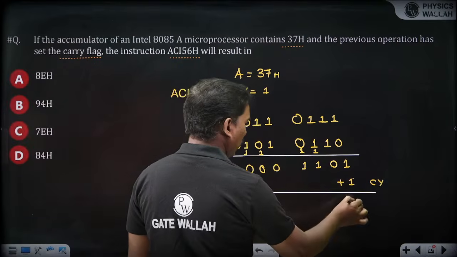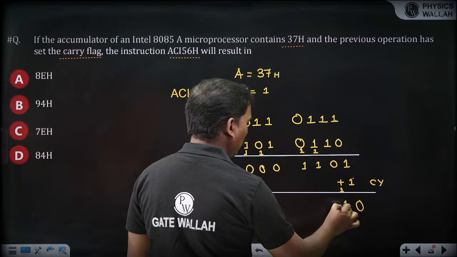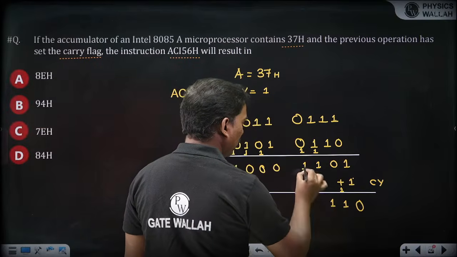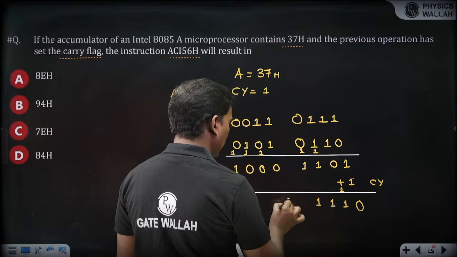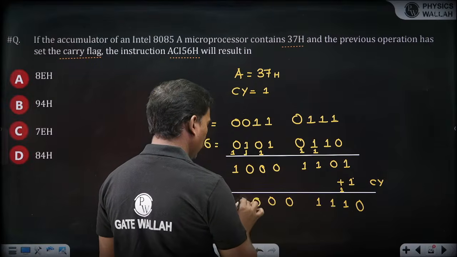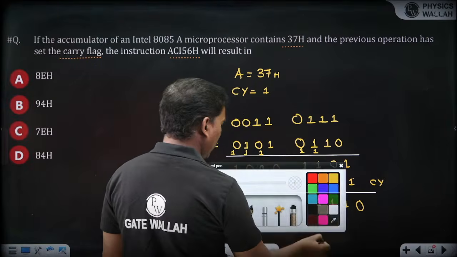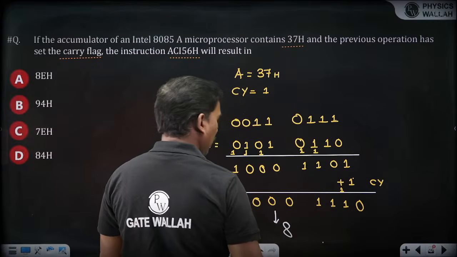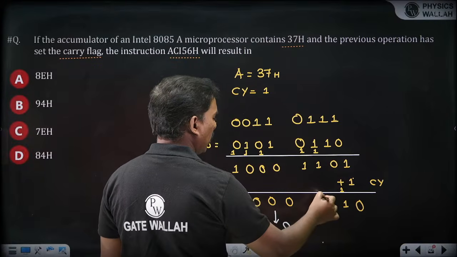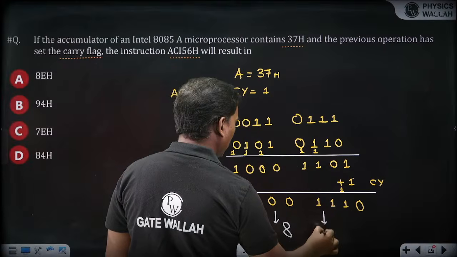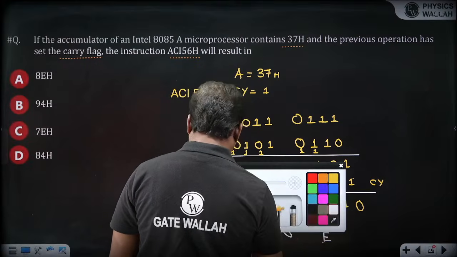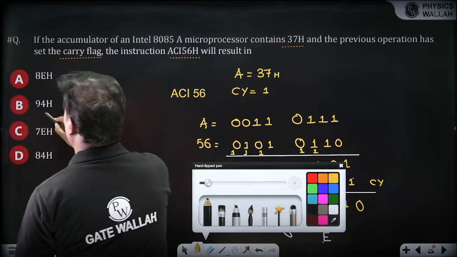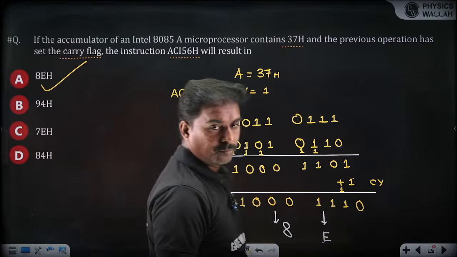So the result is 10001, and now what is the answer? This is 8, and 1, 2, 4, 8, 8 plus 4 is 12, plus 2 is 14. So this is 8E. So the right answer for this question is 8E. Option A is the right answer.